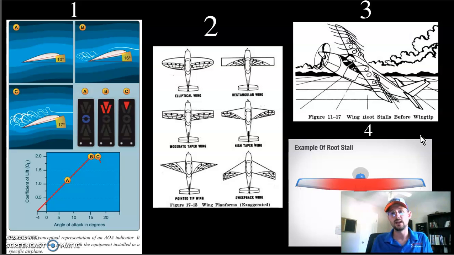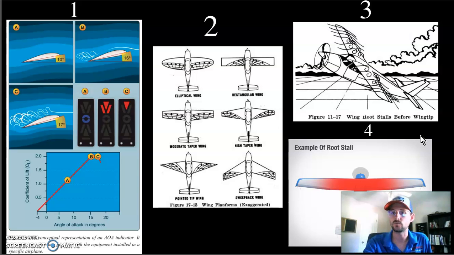All right, now, as you look at picture number 3, this is a plane in the middle of a stall, and the depiction here is the wind flowing over the wing. You can see that towards the cabin of the aircraft, the stall has developed fully, but if you look on the outside towards the wing tips, the air is flowing smoothly over the wings.